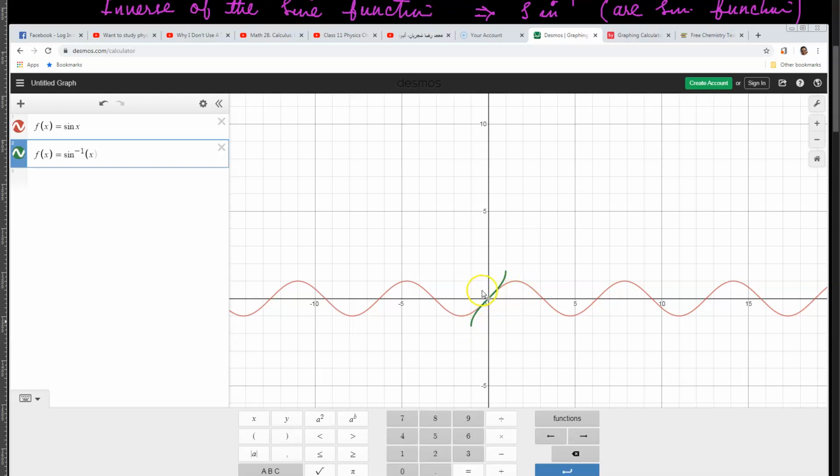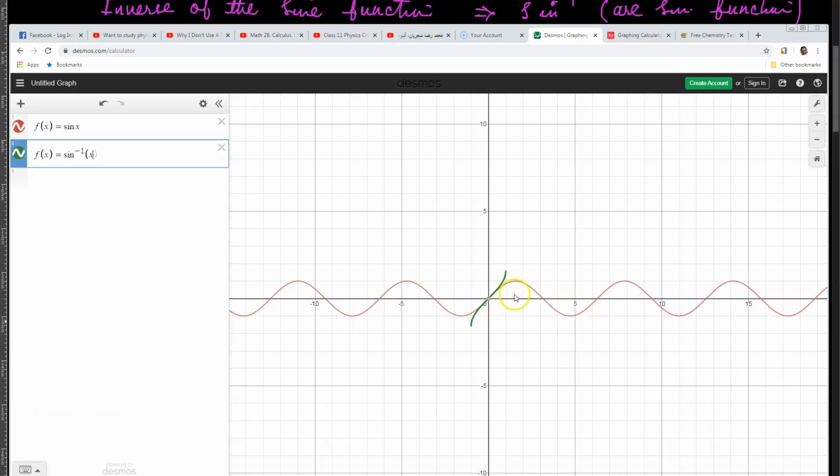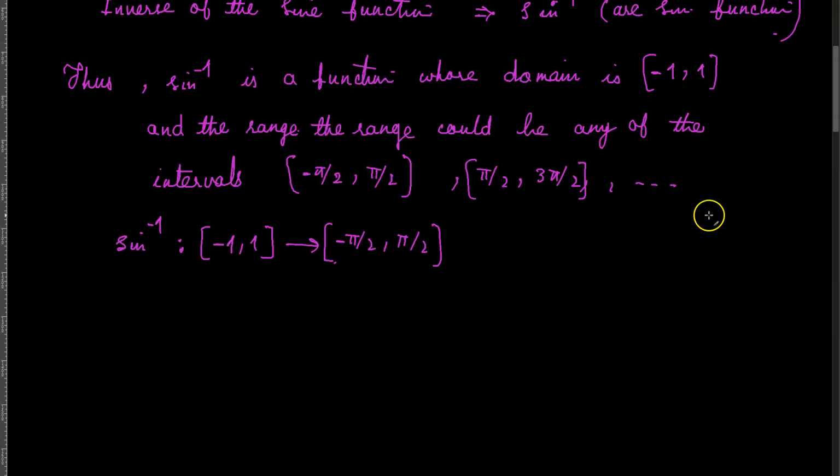And as you can see, the sine inverse function has taken care of this problem: the domain of the function goes from negative 1 to 1 on the x-axis, and the range of the function goes from negative π/2 to π/2. You can see that this is π/2, and that's exactly what we did over here.